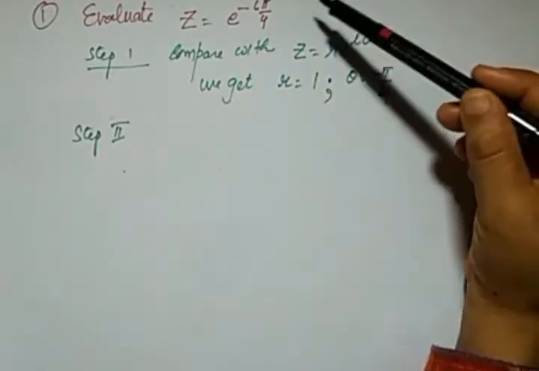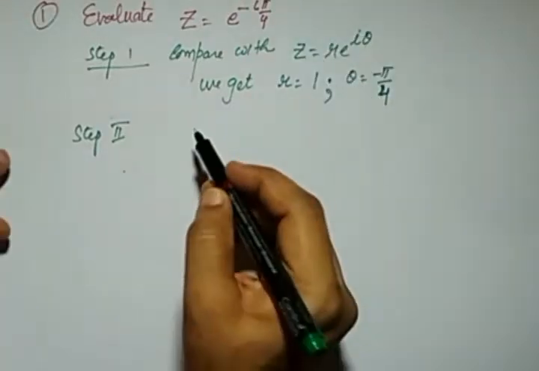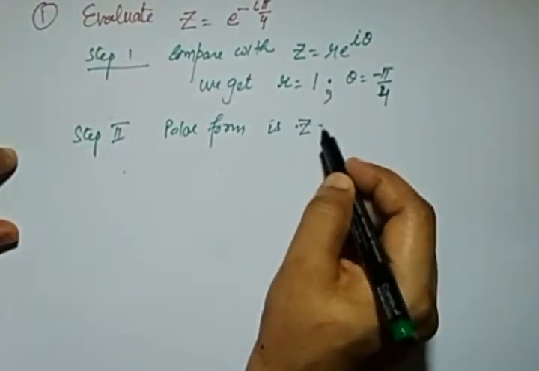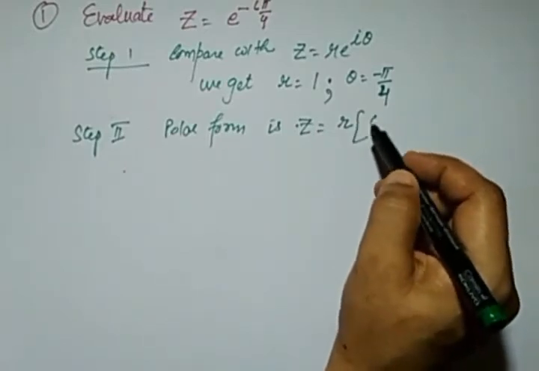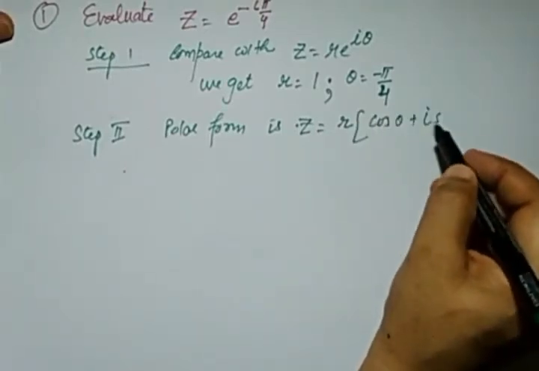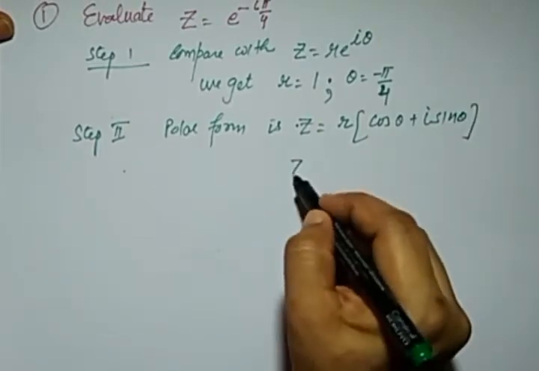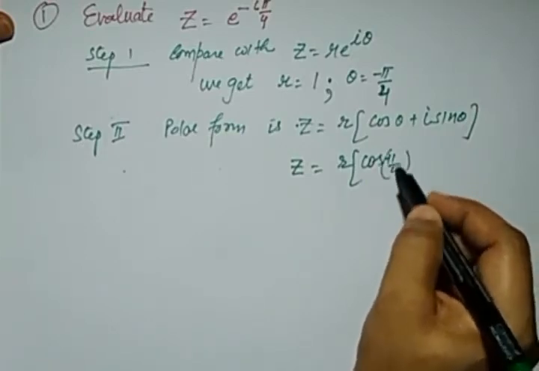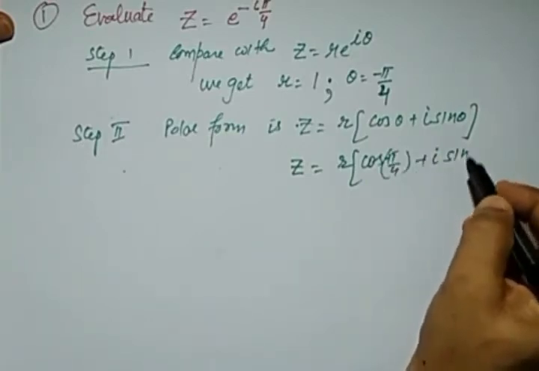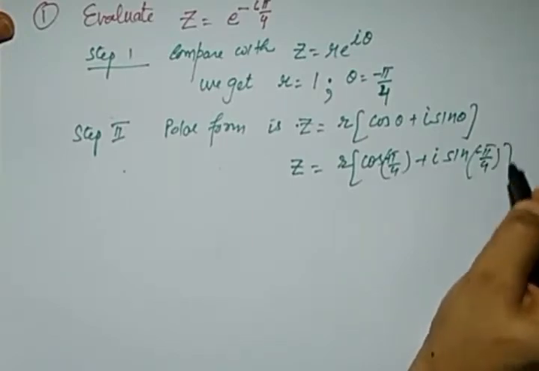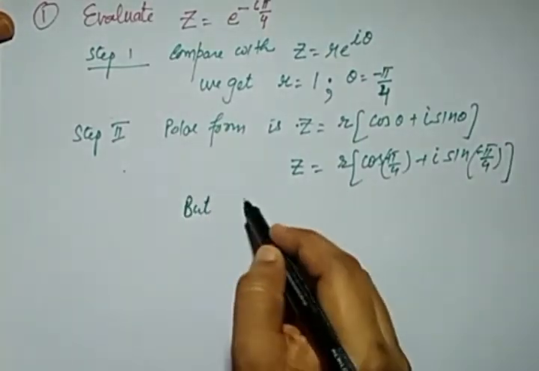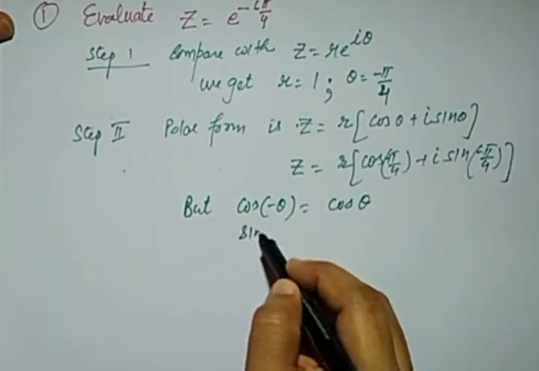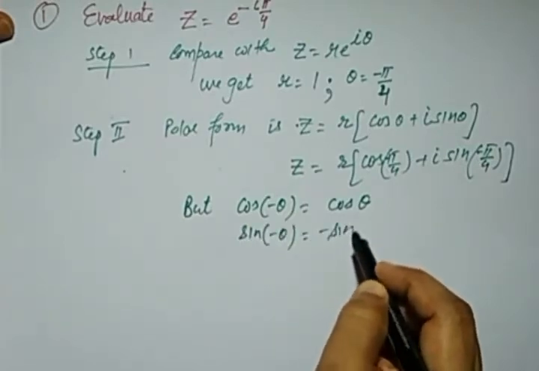So now I am going to express this exponential form into the polar form. The polar form is z equals r cos theta plus I sin theta. Substitute values: z equals r cos of minus pi by 4 plus I sin of minus pi by 4. But you know that cos of minus theta equals cos theta and sin of minus theta equals minus sin theta.